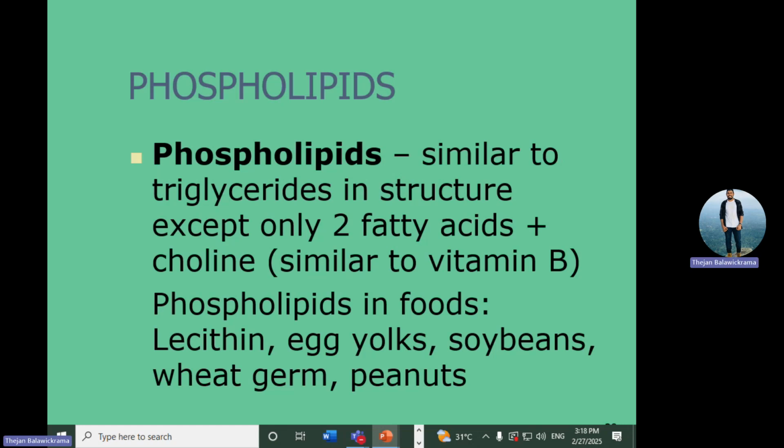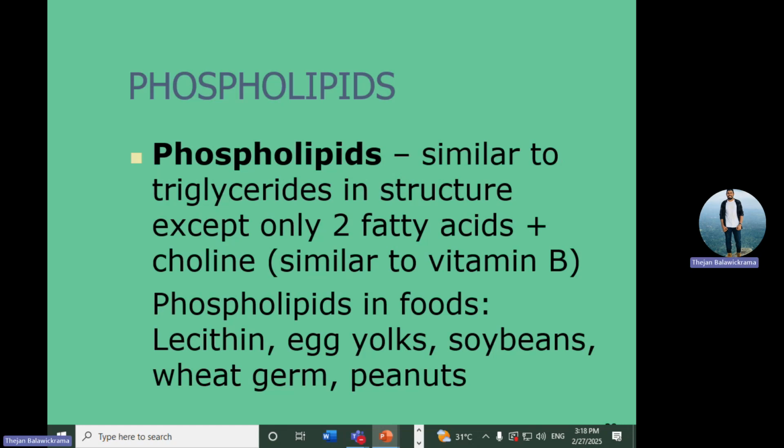Well, phospholipids. It's another version. This is almost similar to triglycerides, which you know. One thing is, in this case, only 2 fatty acid molecules and a choline molecule.